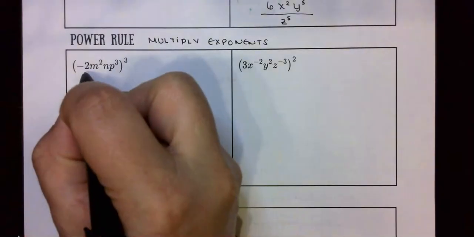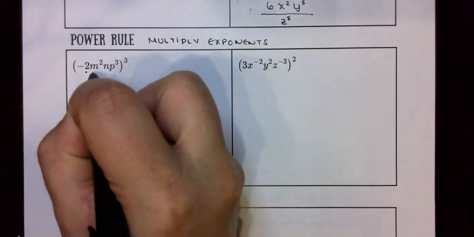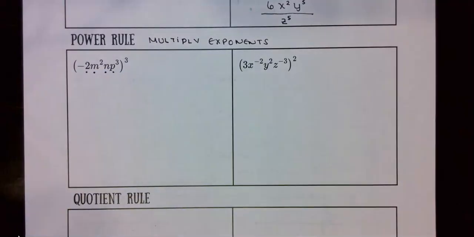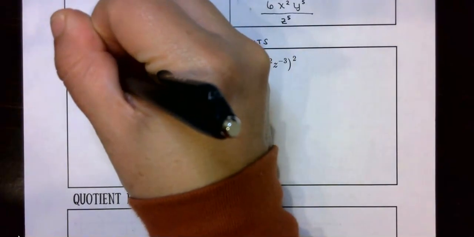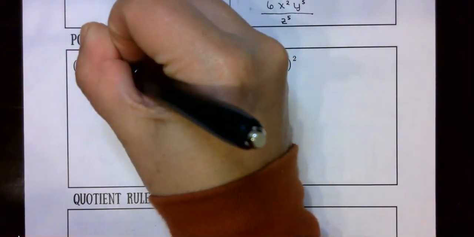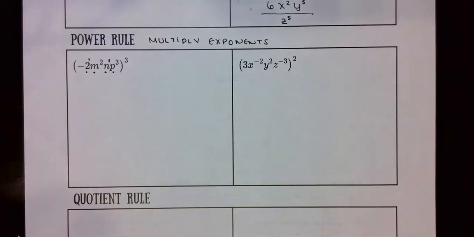So if you look here, we have a -2, an m, an n, and a p. We actually have 4 bases here. So that means we should have 4 exponents. The -2 doesn't have an exponent, so I'm going to give it the understood positive one. The m has a 2. The n does not have an exponent, so give it the 1. The p has a 3.